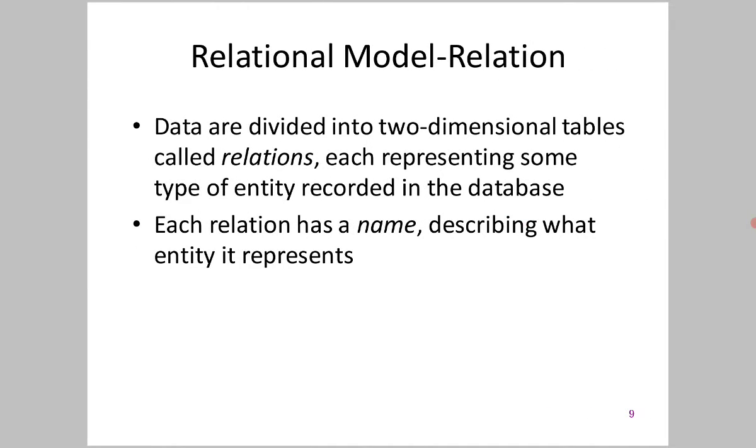So the relational model. What is a relational model? Relational model and relations: data are divided into two-dimensional tables called relations, each representing some type of entity recorded in the database. Each relation has a name describing what entity it represents.